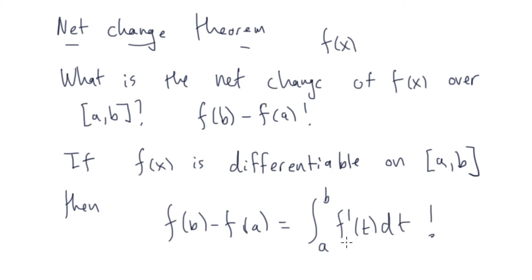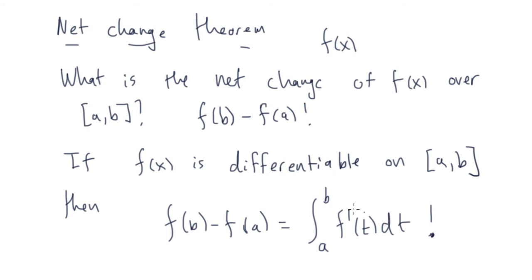And now this seems really silly to say because, well, aren't I kind of doing more work if I have a function and I want to know f of b minus f of a? And so, okay, then I take the derivative and then do a definite integral. Why don't I just take the difference? Well, the applications of the net change theorem typically involve only knowing the derivative.